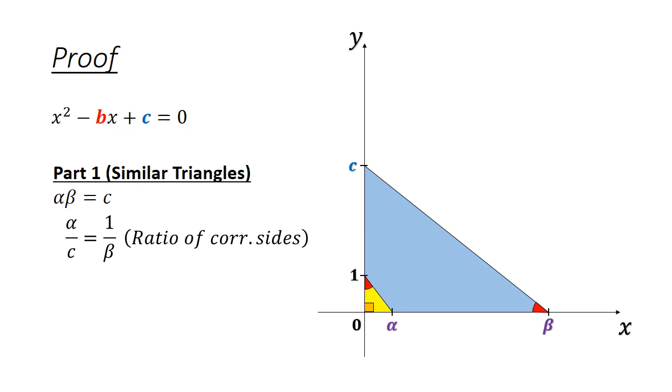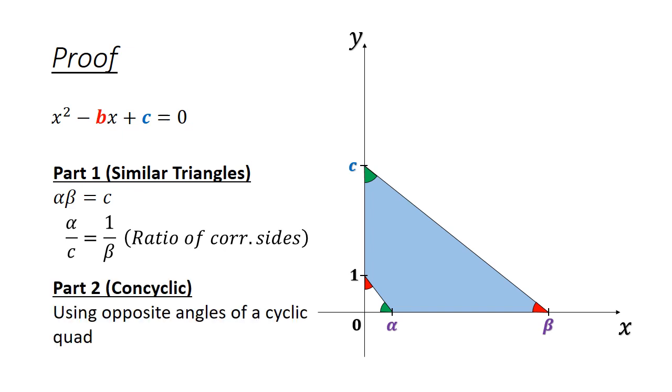This tells me that the two angles marked in red are equal. Similarly, the two angles marked in green are also equal. Next, I'm going to remove the yellow triangle, leaving us a blue quadrilateral. Part 2 will be to show that this blue quadrilateral is a cyclic quadrilateral.